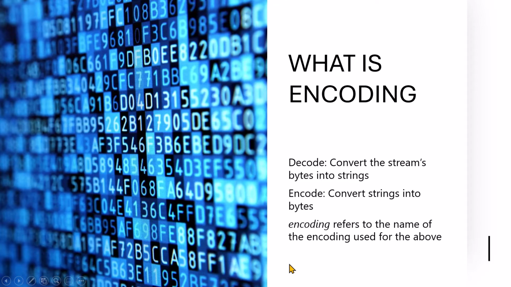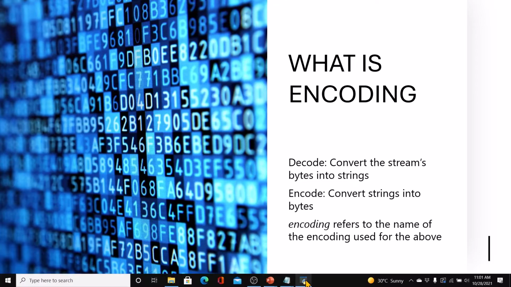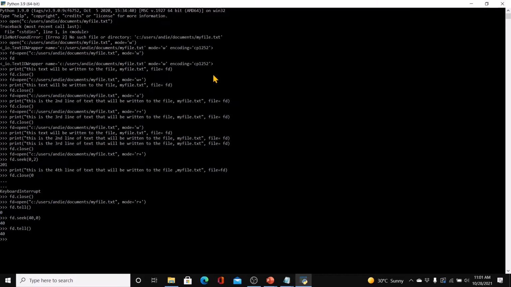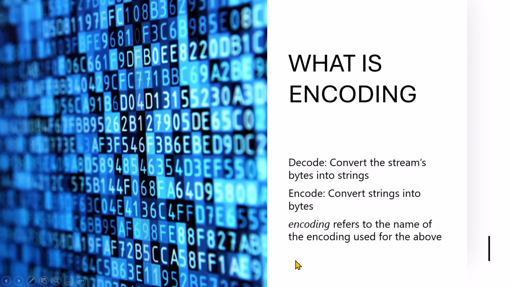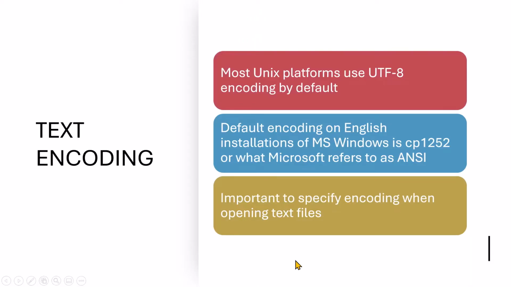Now Windows, as we saw, uses by default CP1252. Why is this important? Unix uses UTF-8. So if you're bringing files from an external source, for example JSON files, they are normally encoded using UTF-8.